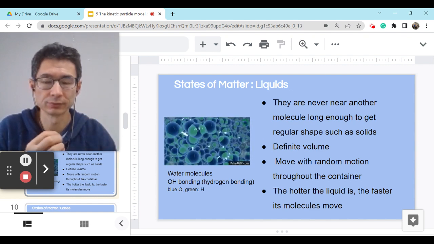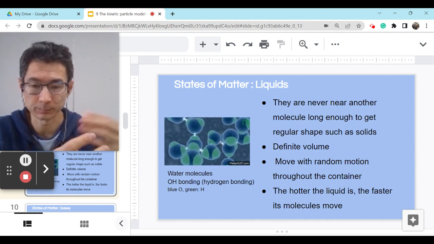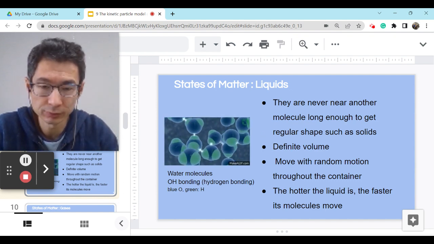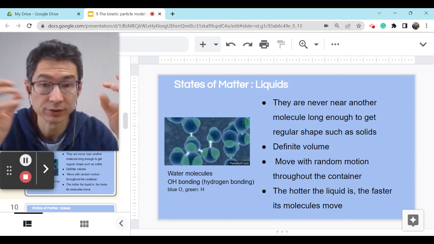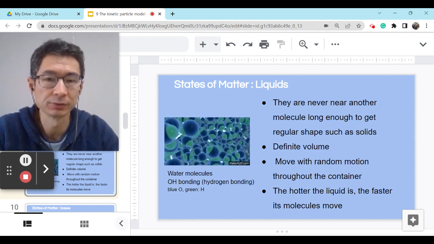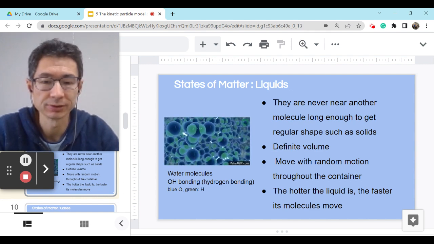You should know about interactive forces, maybe from chemistry. For example, here are water molecules. The interactive force which keeps water molecules together is hydrogen bonding, oxygen and hydrogen. It's called, very simply, hydrogen bonding.